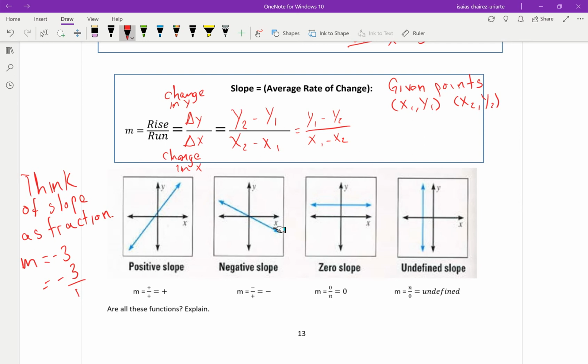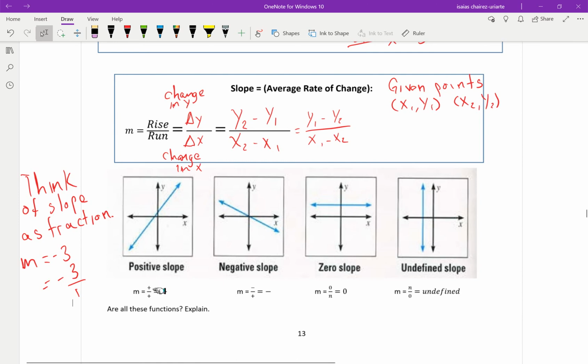Okay. So with positive slope, our lines are increasing, bottom left to upper right. Why is that? Because you have positive rise, so positive change in the y's, which means you're going up, and positive change in the x's, so you're going to the right. That's what this little plus over plus is saying.